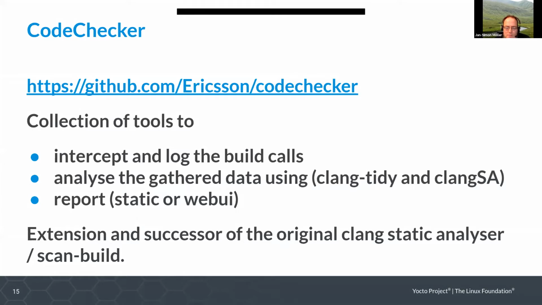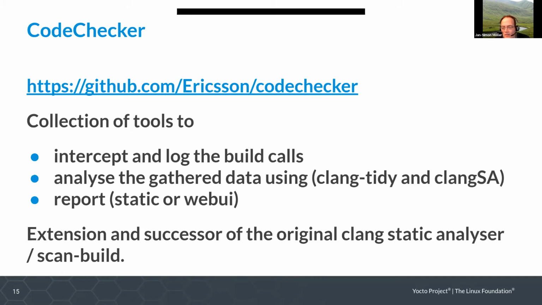What does it do? It's a collection of tools that will intercept and log the build calls. So whatever is executed, right? gcc minus something, something, something, myfile.c and whatnot. So the whole line minus gcc is logged. Why do they do that?